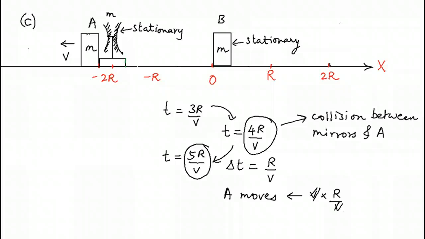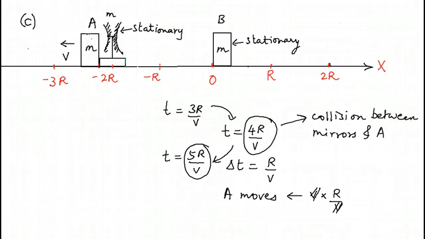So A will now have moved left. It will no longer be at the coordinate minus 2r, but it will be at the coordinate minus 3r, which is somewhere over here. So that's x is equal to minus 3r.